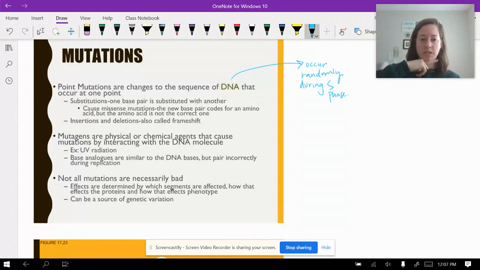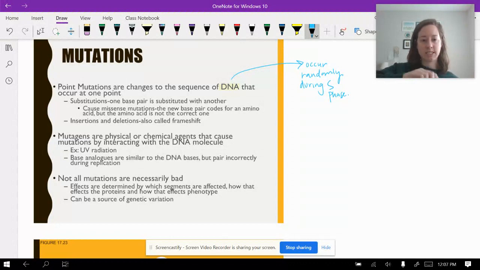A lot of times they're substitutions, which means you traded a T with an A, and that's all it can take to cause a disorder. Sickle cell anemia is caused by a substitution in one letter. It's just about the location where it is, coding for a different amino acid that changes the folding of the hemoglobin protein in that case.